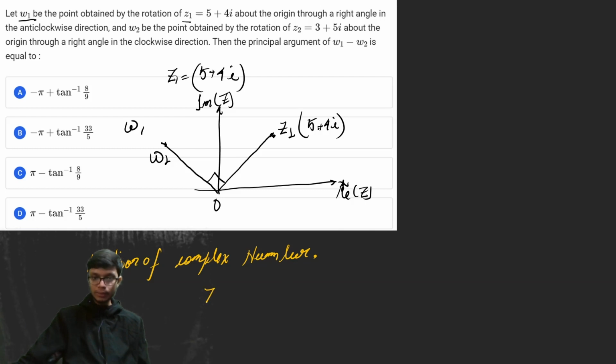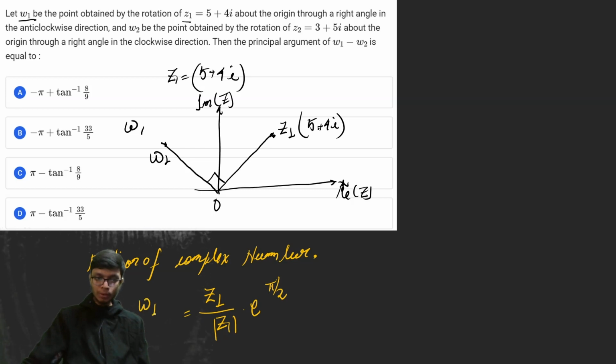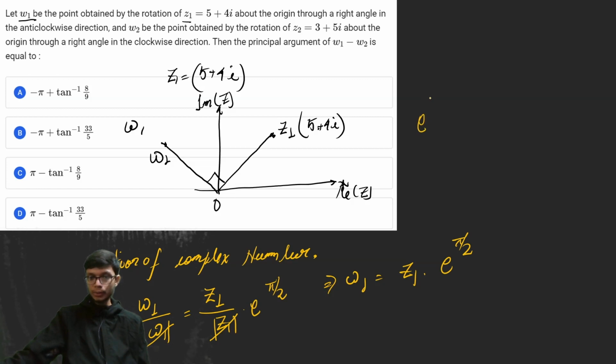Using it, I will get z1 divided by modulus of z1, into e raised to the power pi by 2, equal to the final number, that is w1 minus 0, because the rotation is with respect to the origin, so w1 by modulus of w1. Both moduli are equal, so you can cancel them out, and you will get w1 equal to z1 into e raised to the power pi by 2, and you can use the Euler notation.